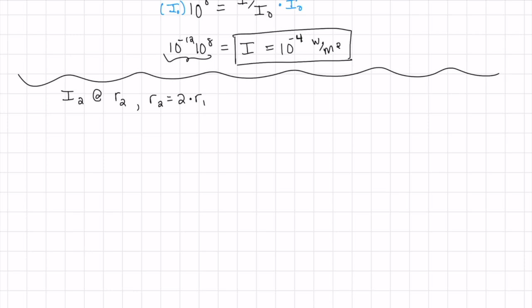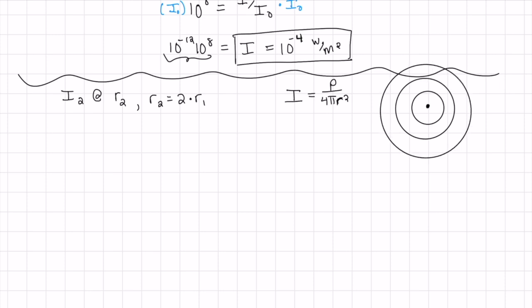So this is where a handy little proportionality can help. We do have the equation that intensity is power over 4 pi r squared. But if you're looking at, say, this is the sound power source, the sound is radiating in rings like this.